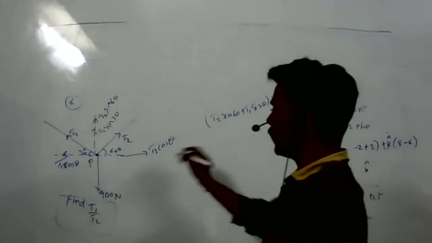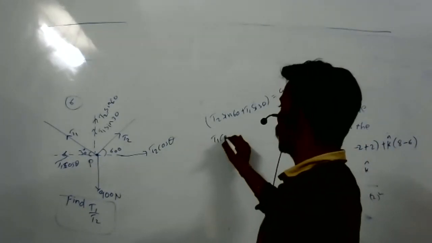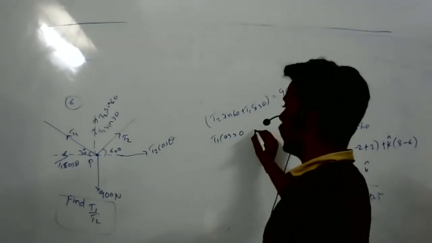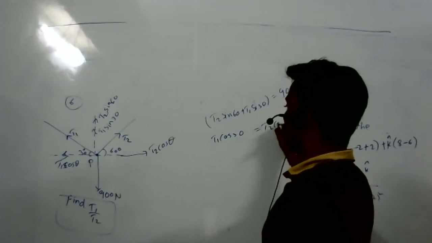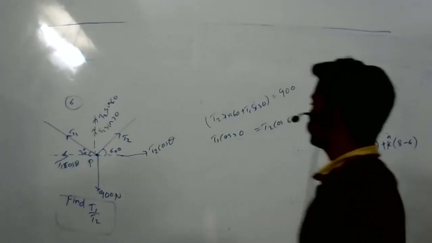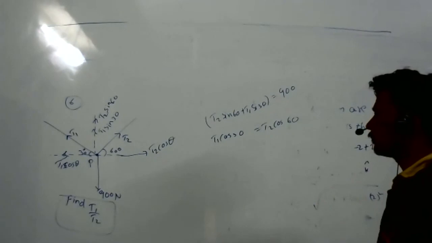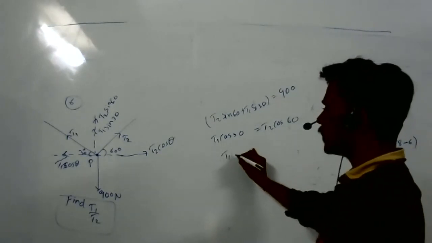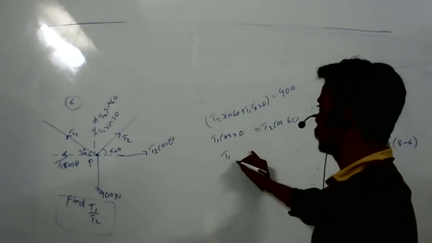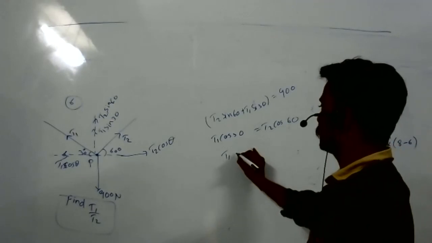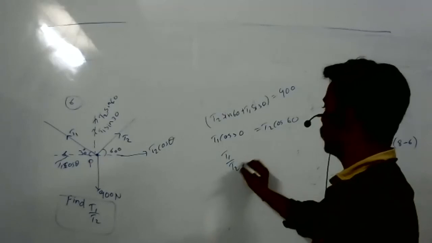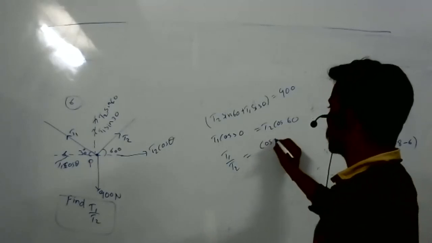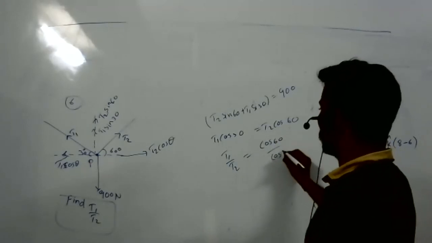So from here, T1 cos 30 equal to T2 cos 60, right? T1 cos 30 how much? √3. Okay, T1 by T2 equal to cos 60 by cos 30. See how much it is?